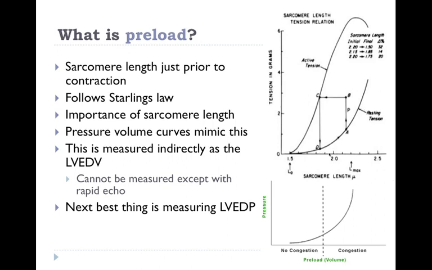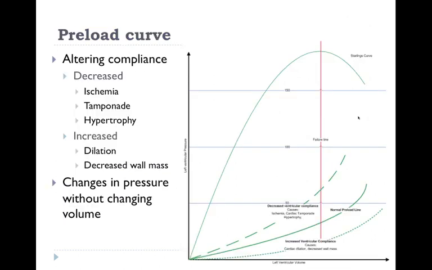You don't see a one-to-one correlation with the change in volume with the same change in pressure. So you have to take into consideration the compliance of the ventricle to the expected changes in pressure that you would see. When we discuss compliance of ventricles over the next week, this will become a little bit more evident.